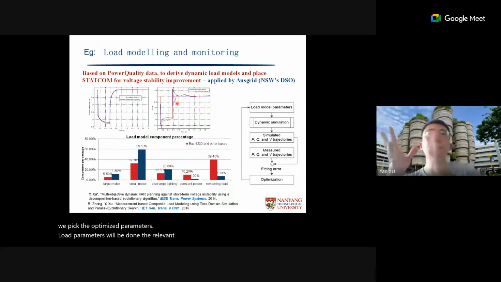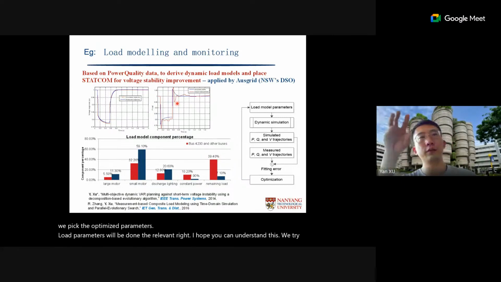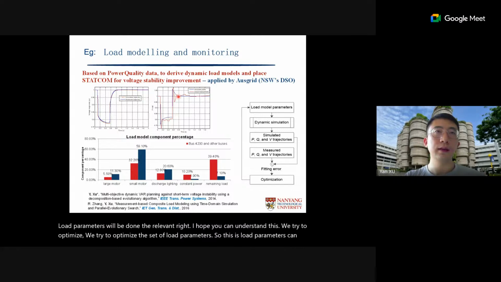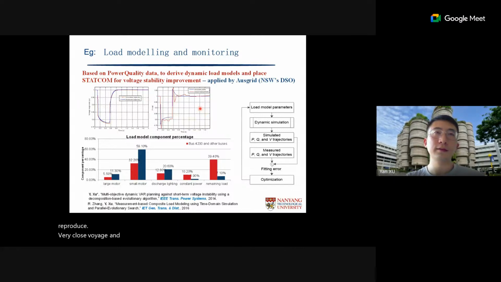I hope you can understand this. We try to optimize a set of load parameters, so these load parameters can reproduce voltage and power curves very close to the measured curves, so that we can get these load parameters. So this is the general idea.